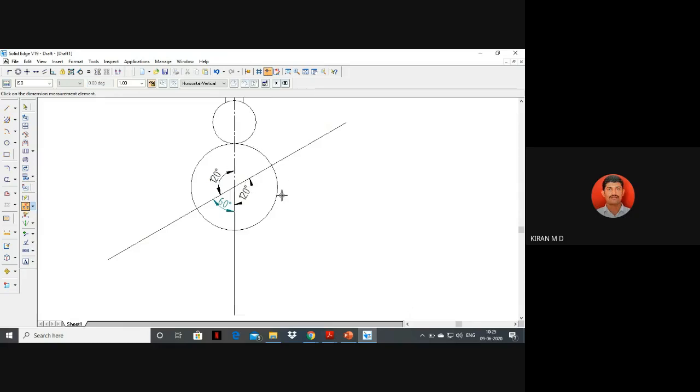So now we need to divide. Okay, we need to divide this portion from here to here into six parts. So manually you can divide 120 degree into 20 degree each, and draw the lines.